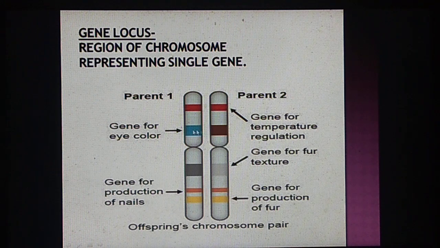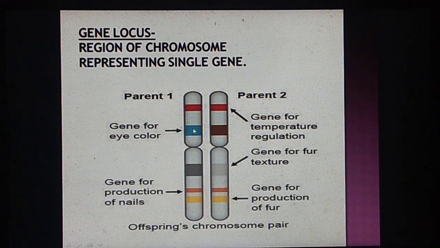A second example we can take, present at some other location on the same chromosome, is the gene for eye color. Now the colors, if you see, indicate that these are variants of alleles, that is, alternative forms of genes.